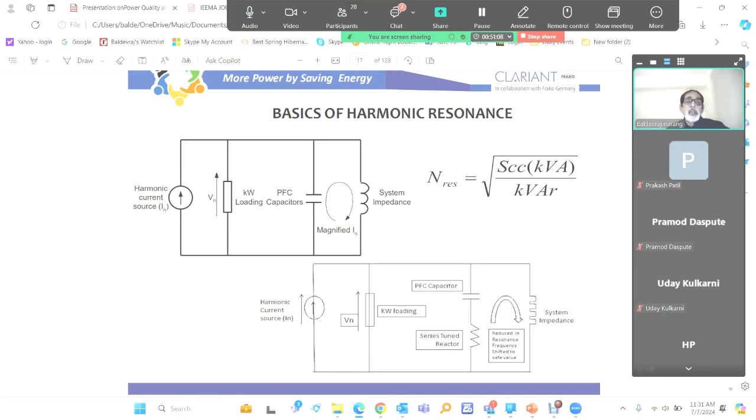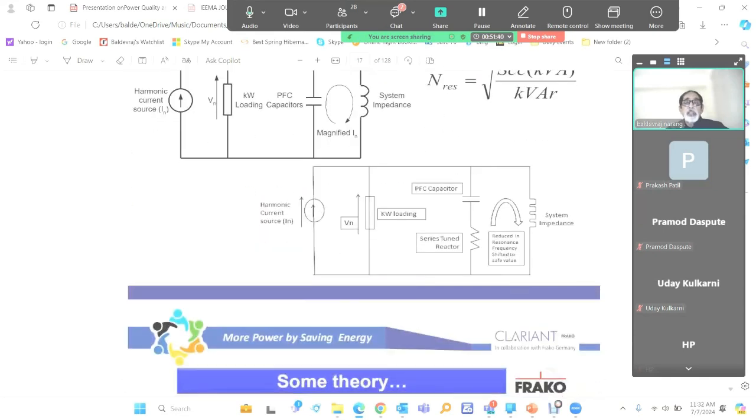The harmonics are at frequencies of 250 Hz, 350 Hz and so on. So the capacitor provides the lowest impedance path to the harmonics. So they are the first item to fail in a harmonic environment. Whenever we find capacitors failing, it means there are harmonics in the system. Then these harmonic currents also flow back to the system. They are exported back to the grid through the transformer. So this is the standard normal system when we don't have any improvement done to mitigate the harmonics.